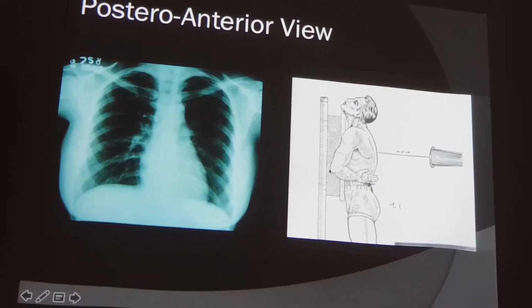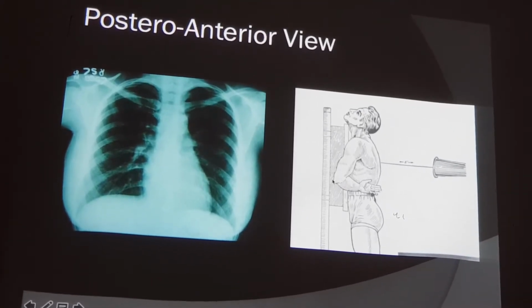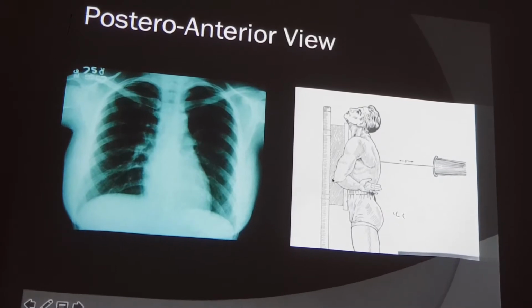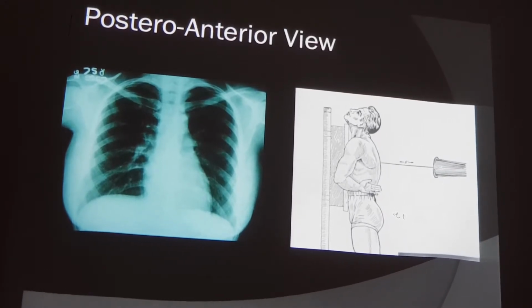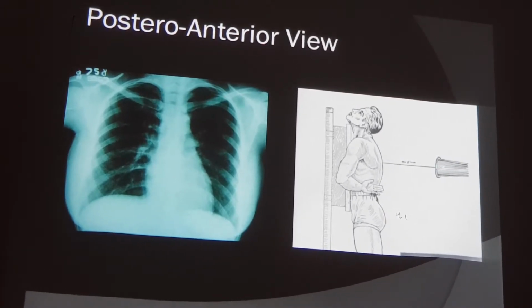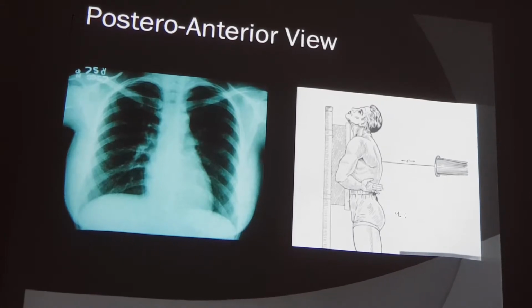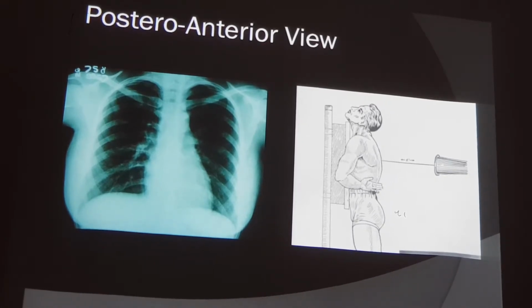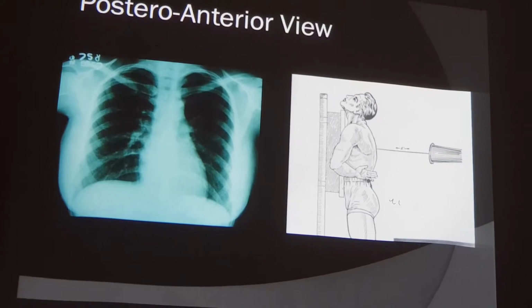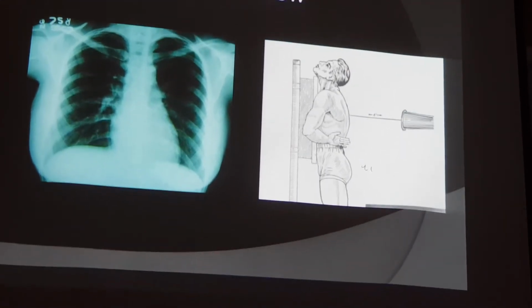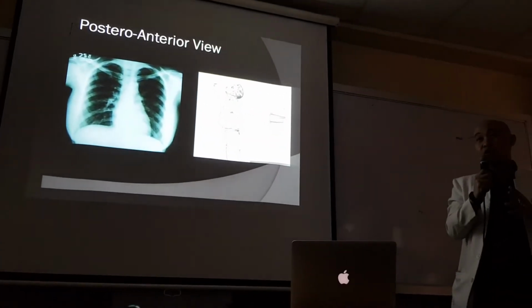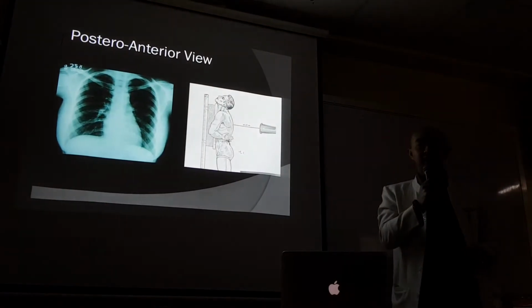In the posterior anterior view, you're standing, the X-ray beam comes from there, your plate is here. Your hands are in this position because it will help wing out the scapulae and it will also expand your chest. So this is the ideal view for the chest X-ray.